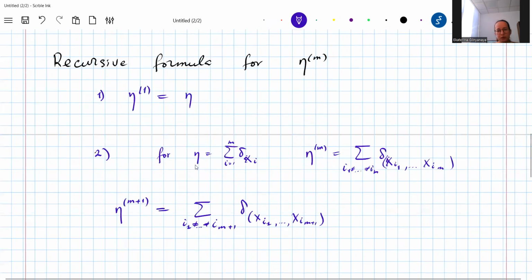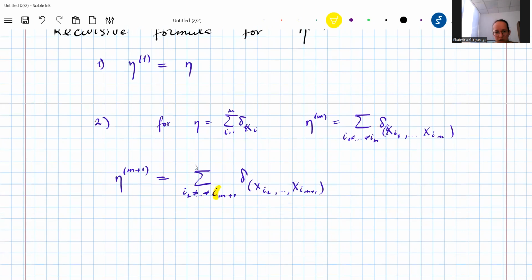Now I want to split the last index and write it as a summation over i_m indices. And here, what do I have? I have that here the summation over i_m plus 1st index is just arbitrary.